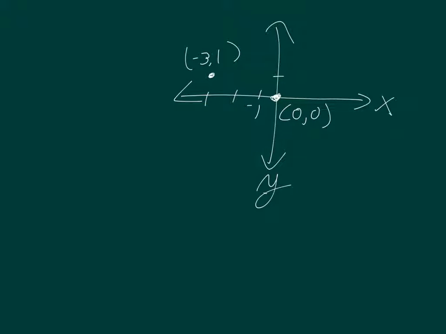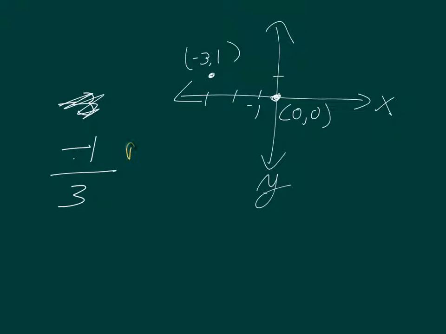Down 1 is -1, not -3, because that would be going down 3, and we went down 1. And then we go to the right 3, 1, 2, 3. So that's over 3, because it's positive 3, since I'm going in a positive direction.